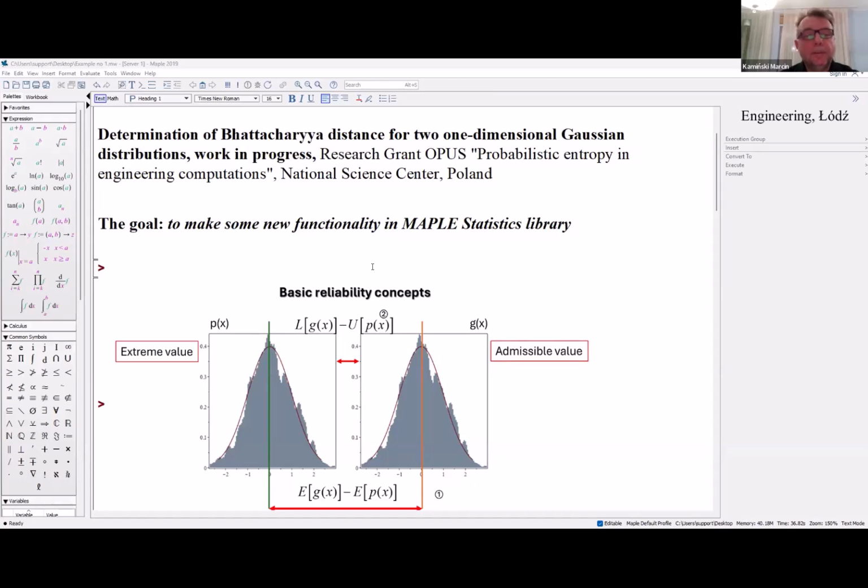And my goal would be to make some new functionality in the Maple statistics library, because some colleagues of mine like to use this probabilistic distance to quantify the differences between two populations, let's say. This is a very general applied science and engineering problem, and specifically in civil and mechanical engineering, this could be used for some reliability quantification.